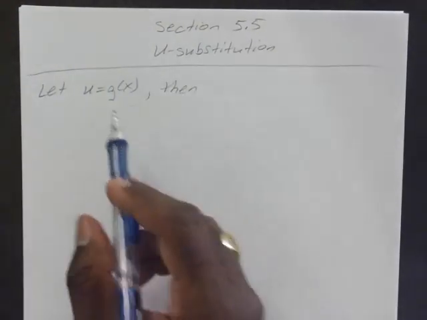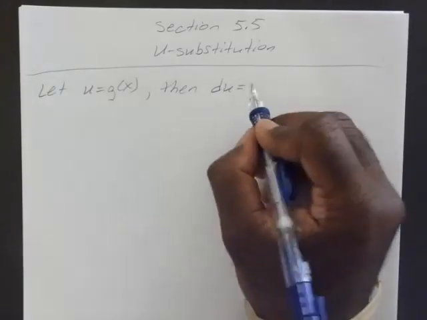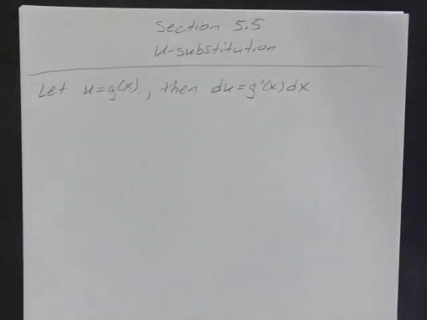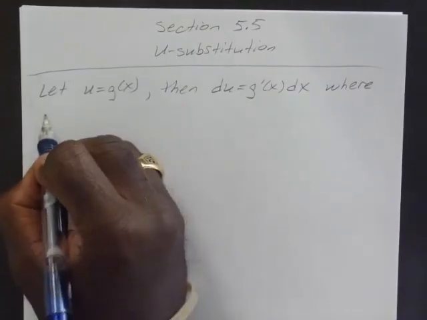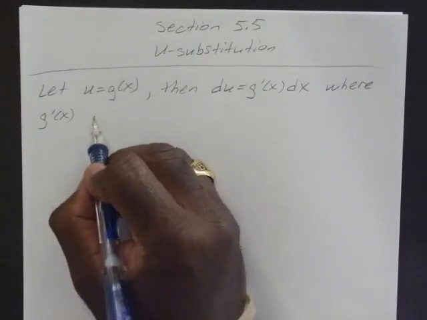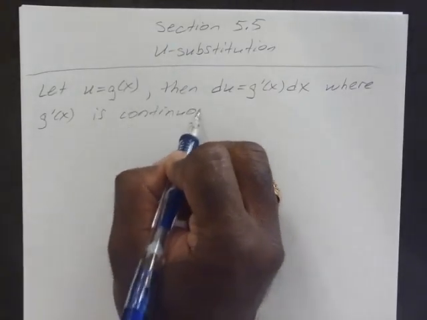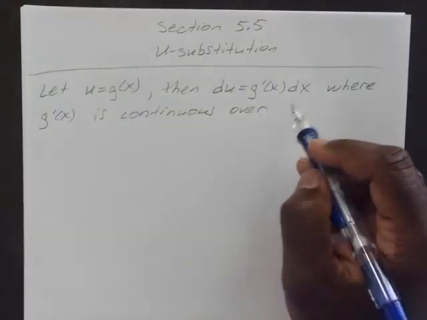Then if we put it in differential form, if we find the derivative of u, that's equal to g prime of x dx, where we know that g prime of x, or the derivative of our original function, is continuous over some interval.